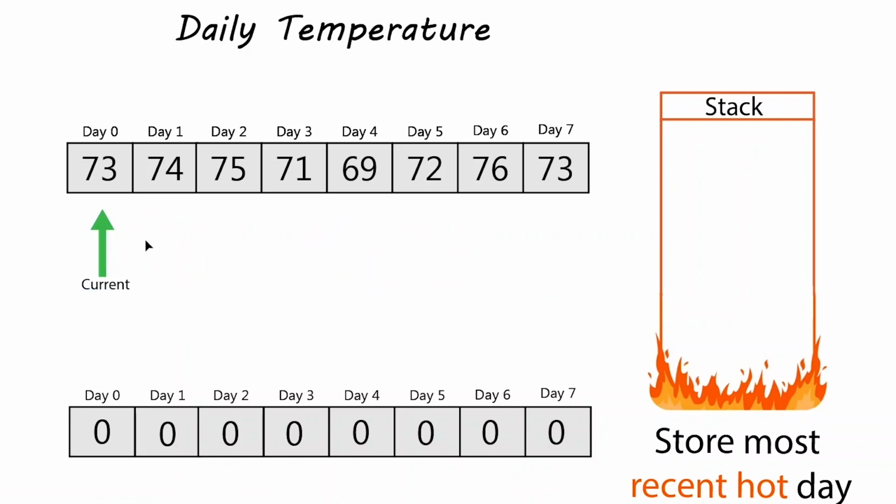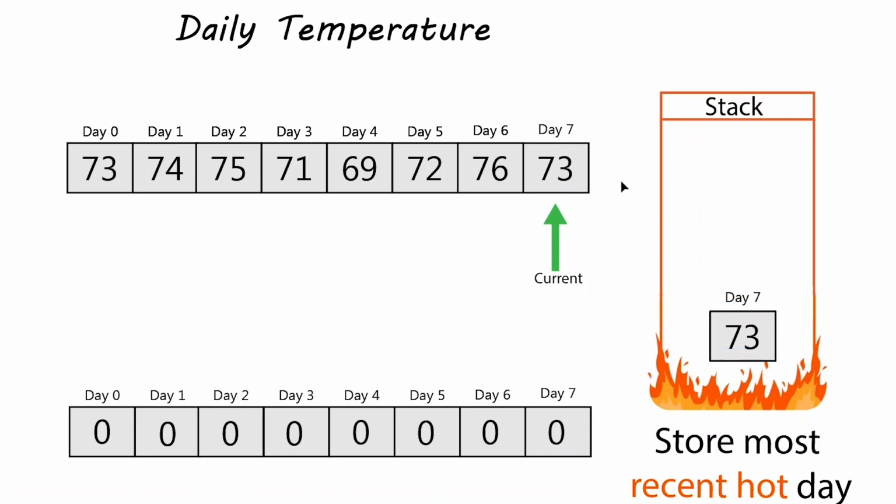So instead, not starting with day 0, you can directly go to day 7 and start from it. You can see that from this last day we don't have any day further. That means there is no day which has higher temperature than this. So we can assume that this is the most recent higher temperature that we have got till now and we can push this day into our stack.